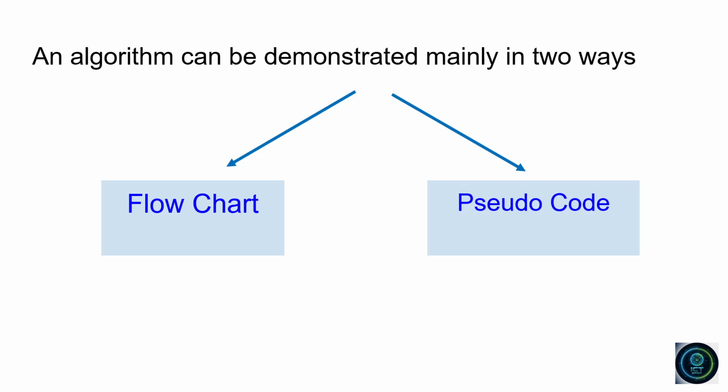When it comes to pseudocode, it's a kind of sketch using simple English terms. You can simply write your algorithm using simple English terms. So these two methods you can use to represent your algorithm.